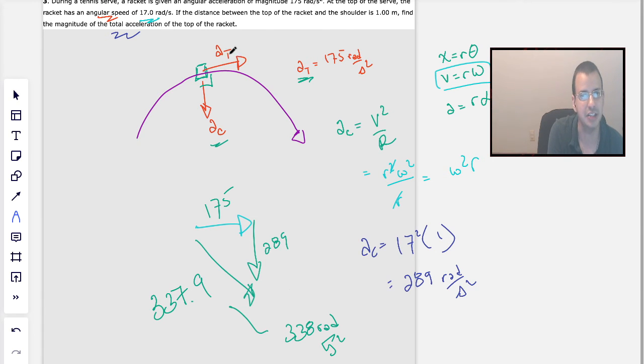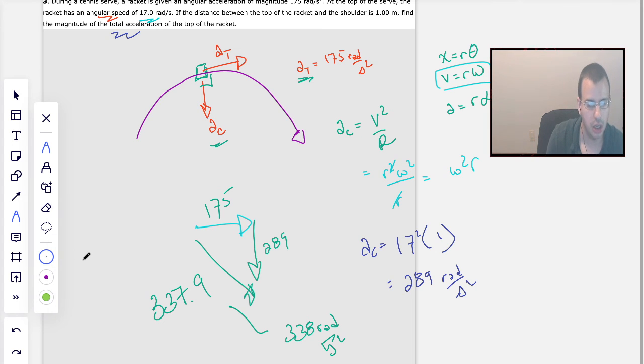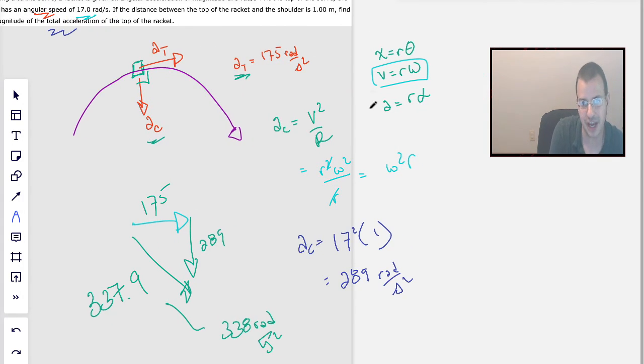That's supposed to be an S, but they want the total acceleration, which I'm going to assume they mean linear, not angular, because if they wanted angular, they probably would have said total angular acceleration. It doesn't matter. We're going to convert it over to linear, and the conversion factor is right here: a equals r alpha.